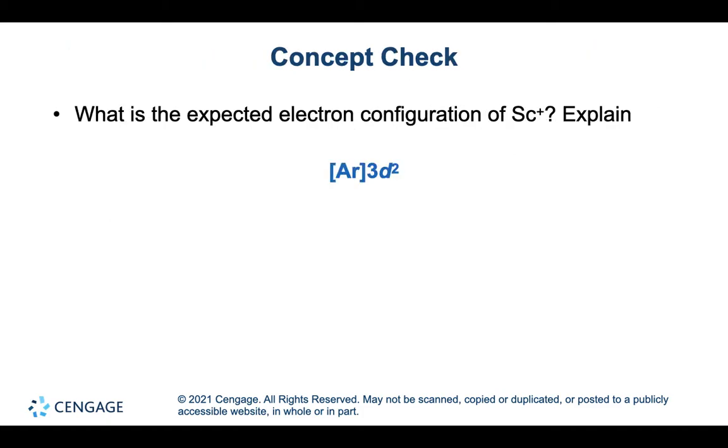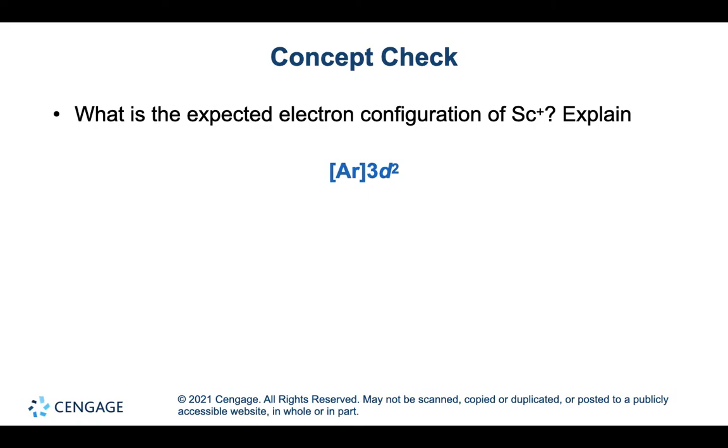So scandium 1+. All right, so scandium 1+. Scandium, the atom, would be 4s2 3d1. And I would expect scandium 1+ to be 4s1 3d1. But they are calling it 3d2.